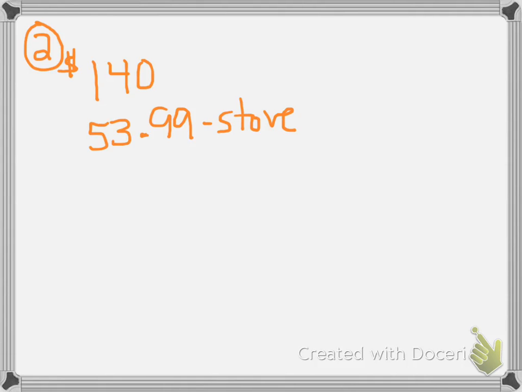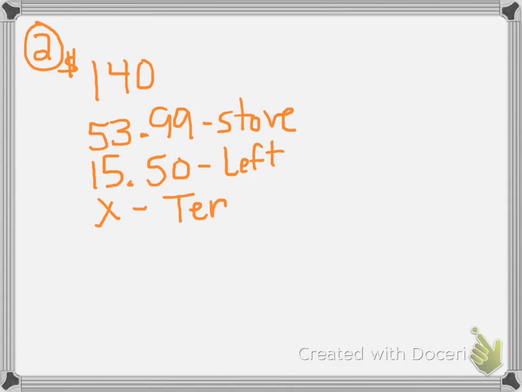We also know that once they finished spending money on both the stove and the tent, they were left with $15.50. Now, we have to figure out how much they paid for the tent. How much money was spent on the tent?